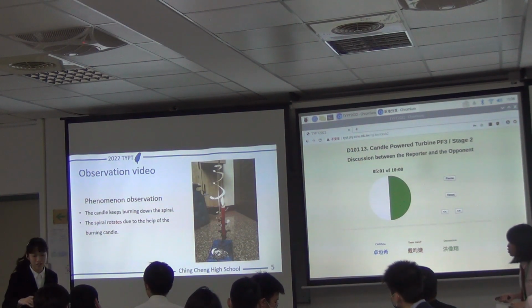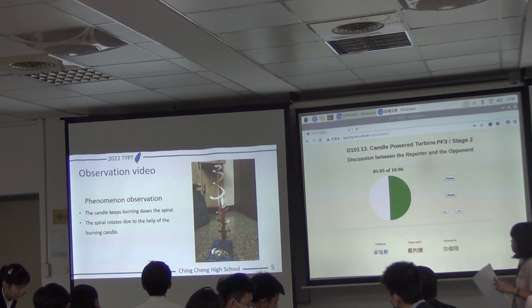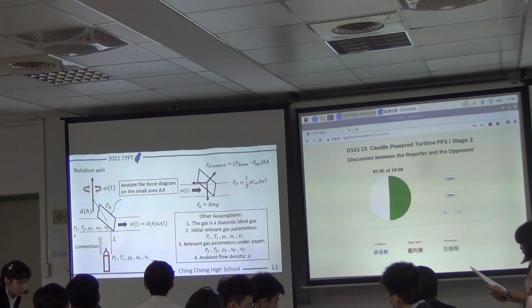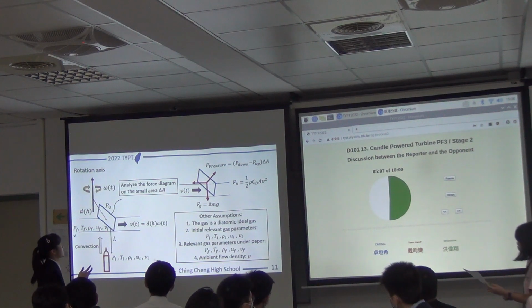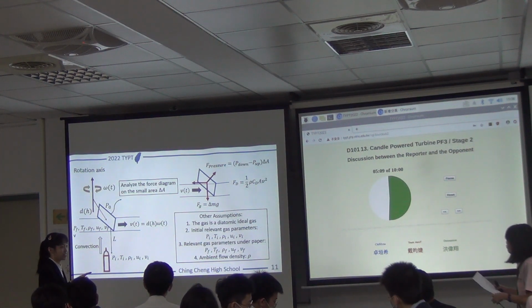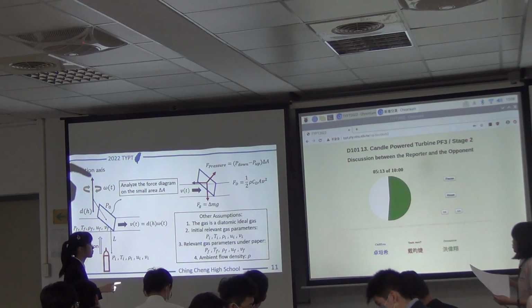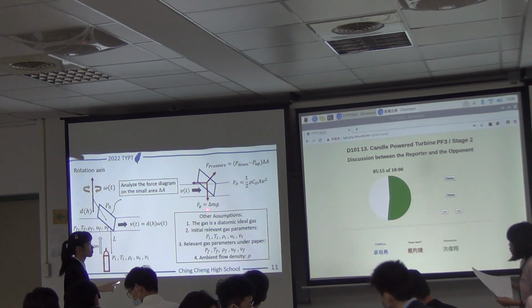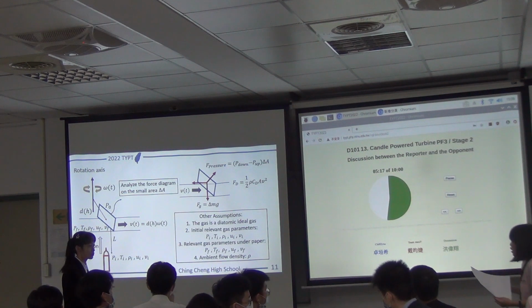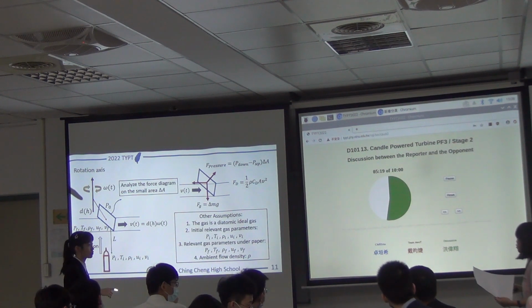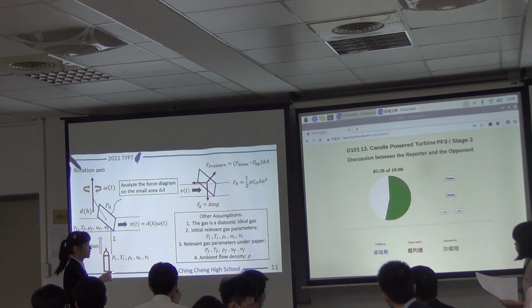Yes, because we just analyze the force diagram on a small area. I agree that you can analyze the forces on a particular small area, but when you take into account the whole spiral, each theta may be different. We just assume that it is symmetric.